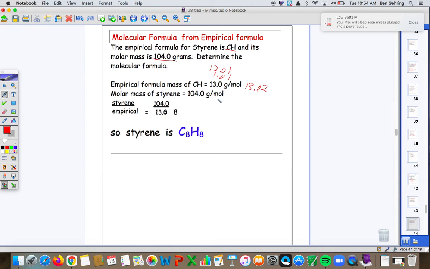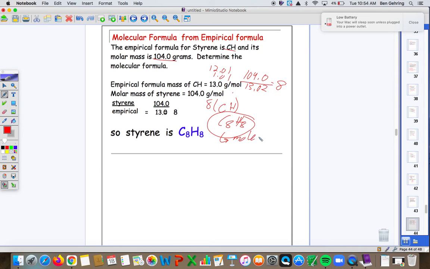So now we're going to take our 104, big number divided by small number, divided by 13.02, and we should get roughly 8. So 104 divided by 13 actually comes out to 8 on the dot. Okay, so now you get this number. You're going to multiply your entire empirical formula, which is CH. Take this whole thing times 8, so it's got to distribute. So we get C8H8 as our molecular formula.